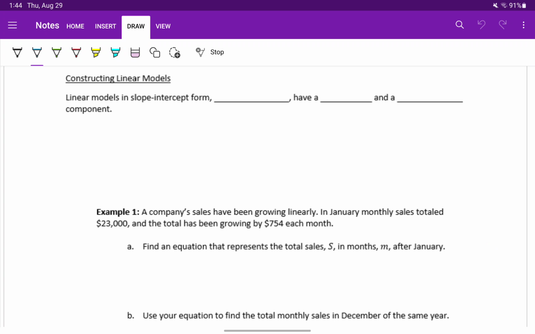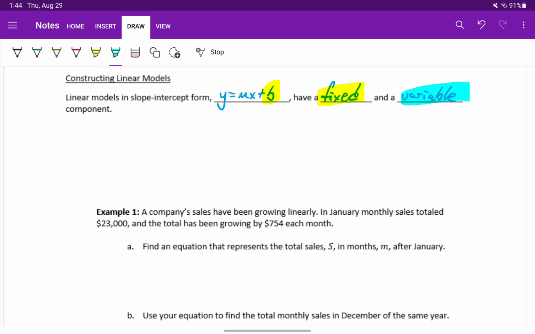If we're constructing linear models in slope-intercept form, meaning we're going to generate an equation of the form y equals mx plus b, then that equation has both a fixed term and a variable term, or component. So our fixed term is that constant added at the end.